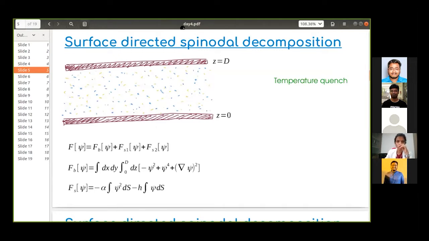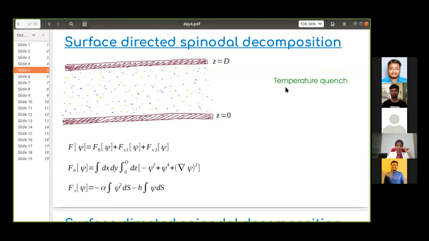All right. So what do we mean by this surface directed spinodal decomposition? If you remember, we already talked about the phase diagram of a normal chemical system, and we learned the concept of critical temperature. When the fluid is above the critical temperature, it's in the homogeneous phase, and when you have it below the critical temperature, it's in the two-phase demixed region.